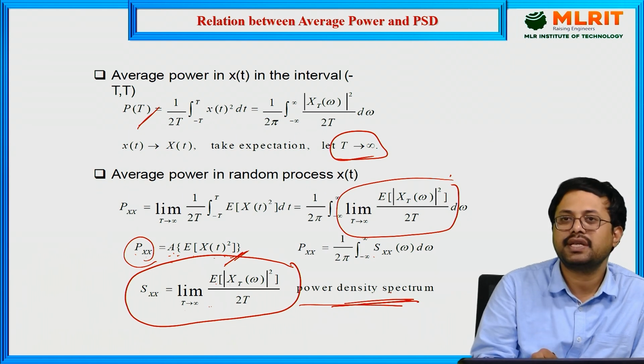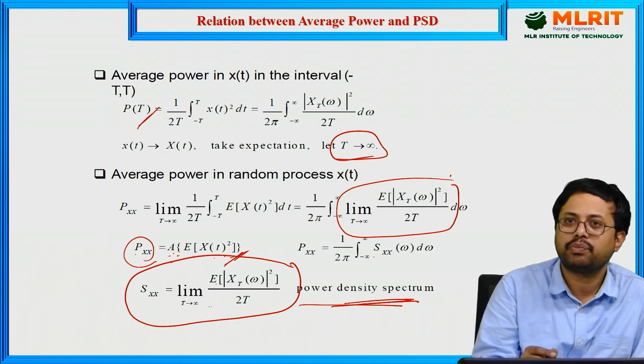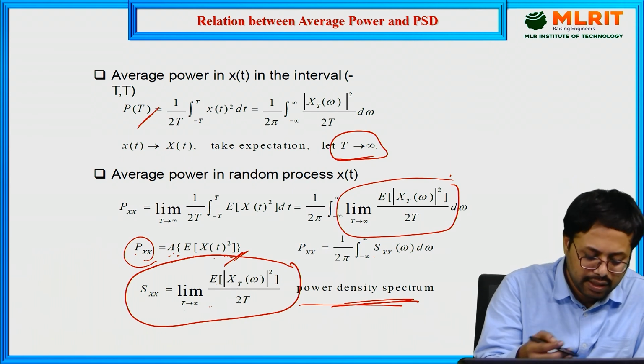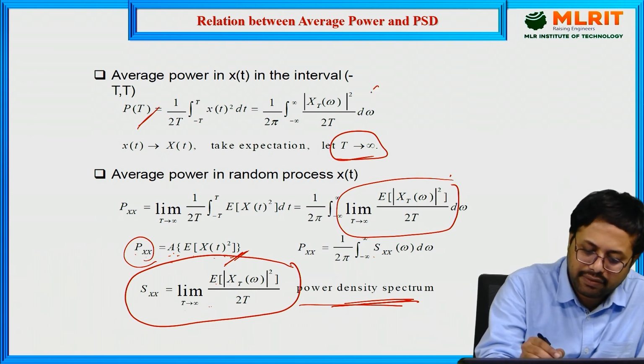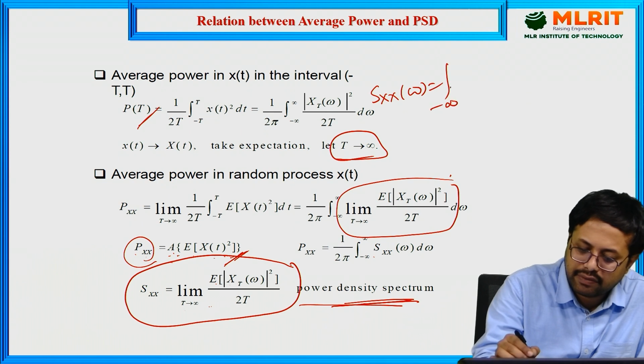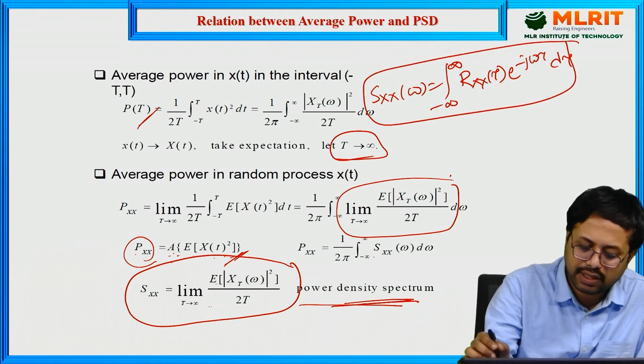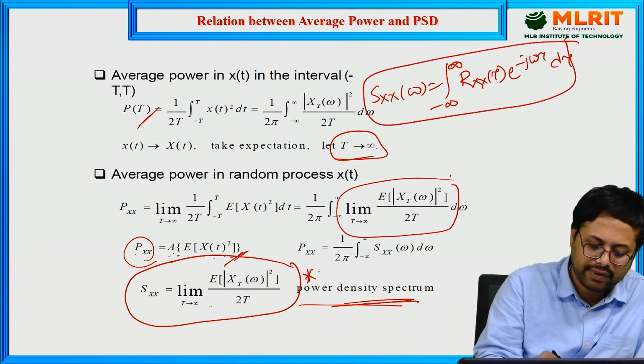The first definition is based on the Fourier transform pair. Whenever you have the autocorrelation function, you can calculate that: integral from minus infinity to infinity of Rxx of tau e power minus j omega tau d tau. This is the first definition and this is the second definition.